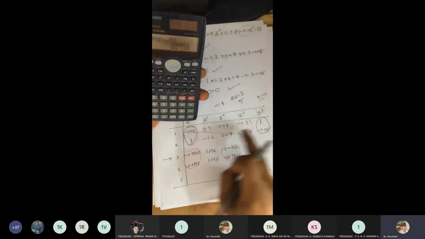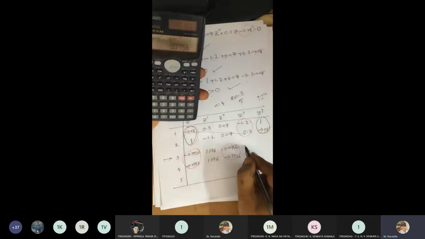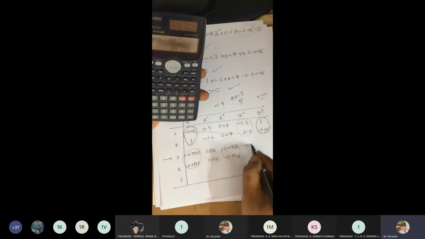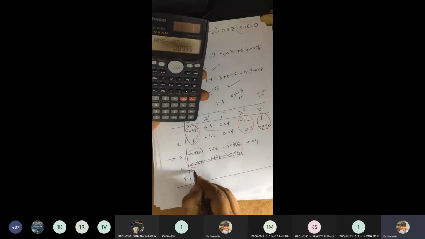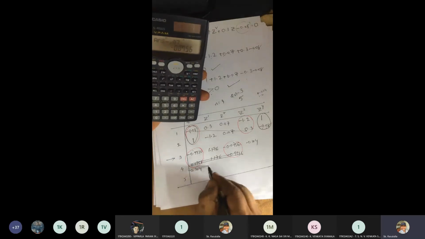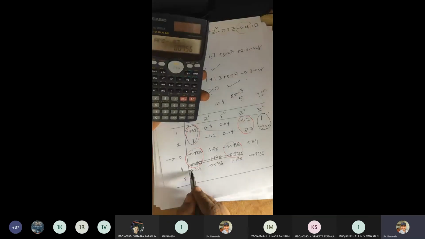In total, 1, 2, 3, 4 should come; I wrote only 1, 2, 3. The fourth one is minus 0.204, so this is wrong. Minus 0.204, minus 0.0756, 1.176, 0.9936. This is the fourth row.